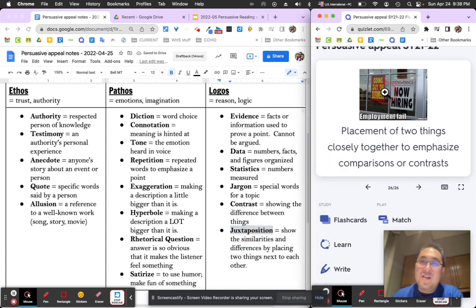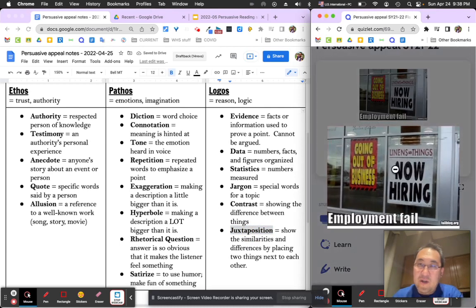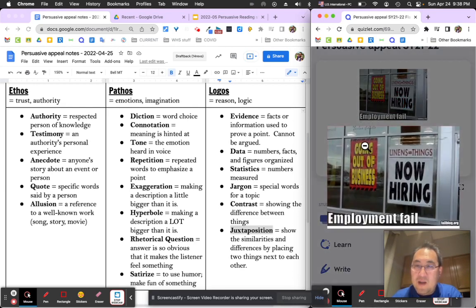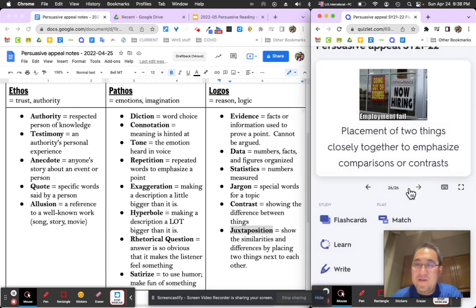So here, if I juxtapose and look at these two posters, it's like, wait, this business is now hiring, but they're going out of business. What's with that? I don't understand. How can they be hiring if they're going out of business? So that's kind of the juxtaposition. It shows, okay, they're both having to do with business. What's similar? But if they're going out of business, how can they hire people, right? And your job's not going to last that long.